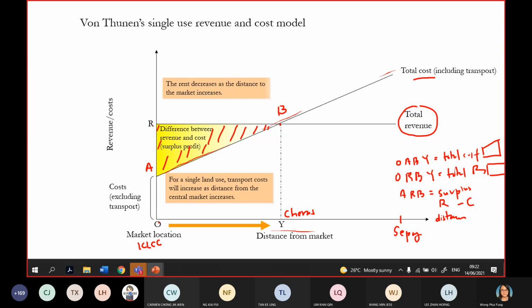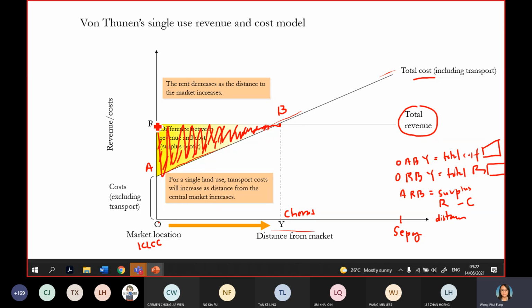The rent decreases as the distance to the market increases. You can see this yellow color, the surplus profit, is this area. Your surplus profit starts diminishing, becoming smaller and smaller until this point.